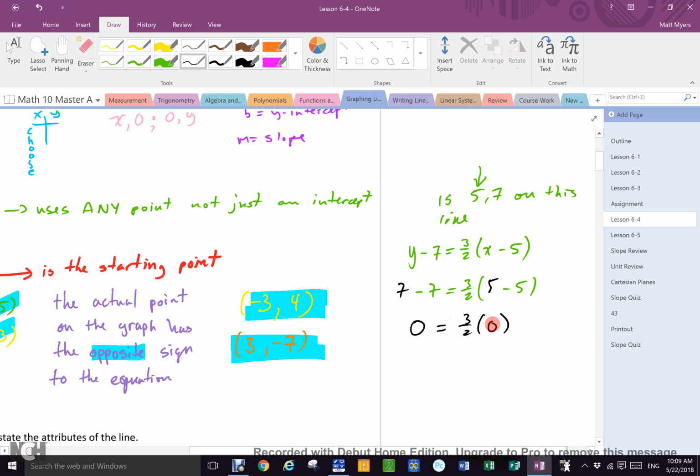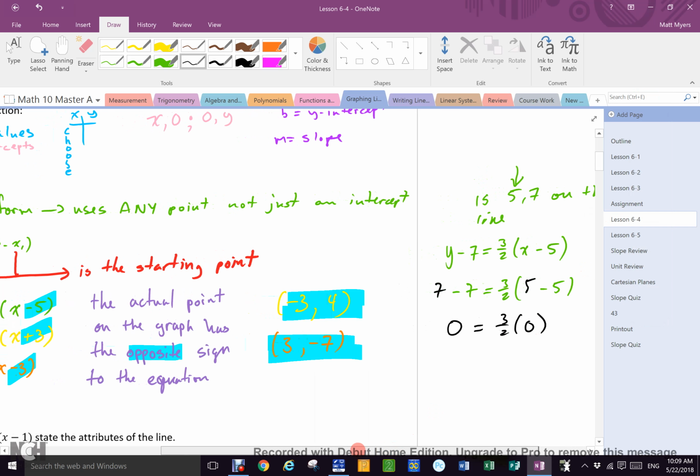Is 3 halves times 0, 0? Does 0 equal 0? Yes. So 5, 7 is on this line. And we already know that because I gave you the shortcut. The points are just opposite. Is everybody good? So let's see if everyone is good.